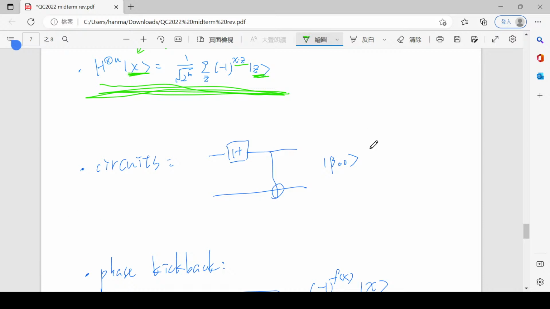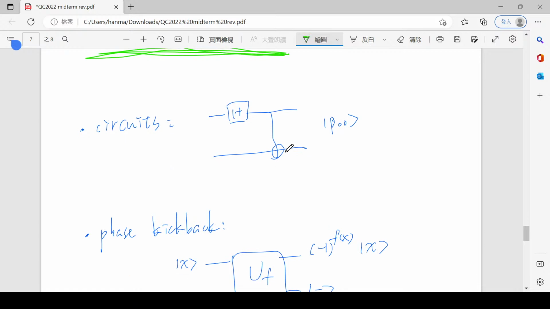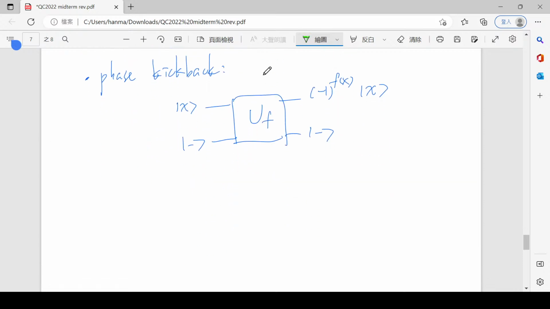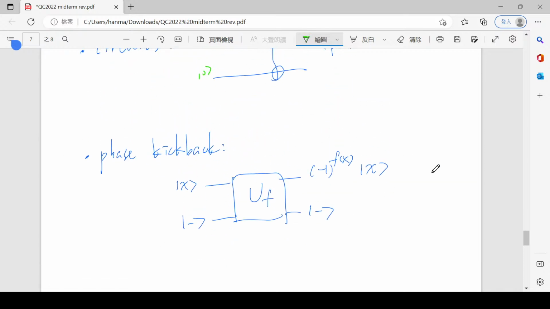Then for circuits, we don't have many examples, but just remember there will be this kind of question where you have some input state, which must be zero, you run it through a circuit, and want to see what the output state is. We also have this phase kickback technique, where we have this quantum oracle U f, you run some input x here, and you put the output register into this minus state.